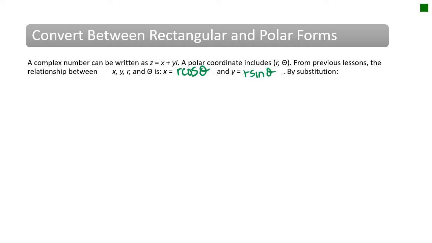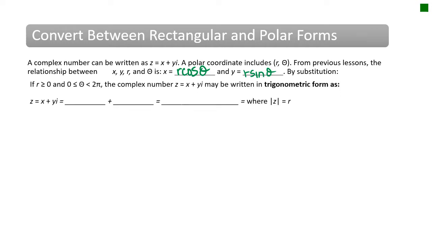So we can then do some substitution: if I was writing z in terms of x and y, x is r cosine theta, y I can replace with r sine theta, and then I still have this i here. So you can see I can actually factor an r out, and I get r times cosine theta plus i sine theta, where the magnitude is r, the radius.